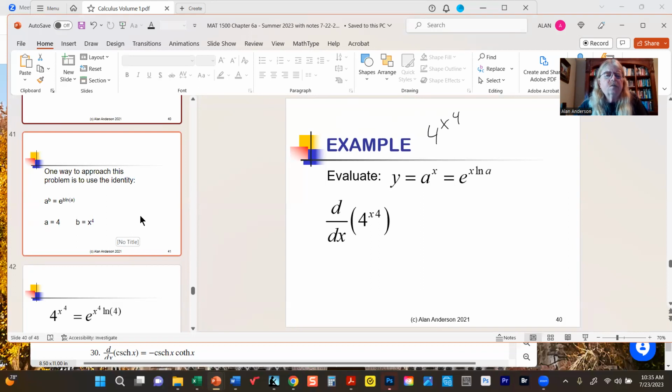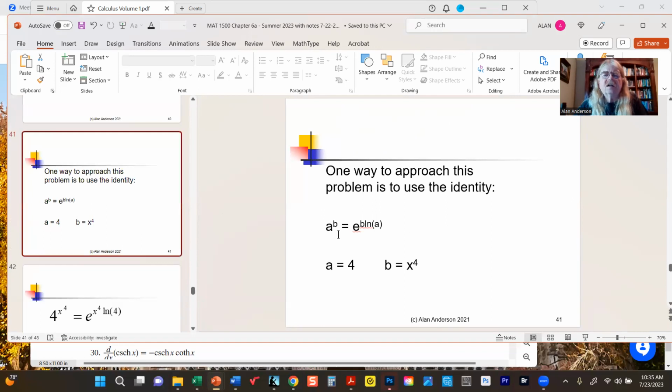Actually, we can write this in a more general way. I have it listed on the next slide as a to the b equals e to the b log a. Because the function was, if we think of this as a is 4 and b is x to the 4th, we could rewrite this as e to the b log a, which is 4.